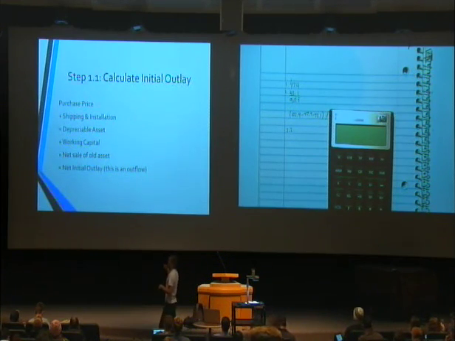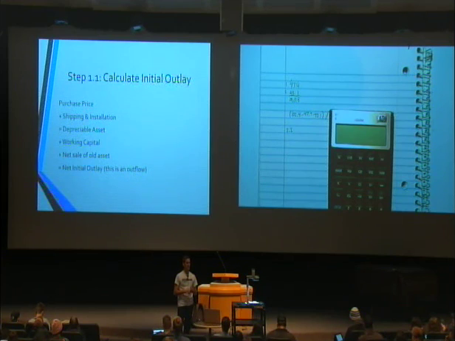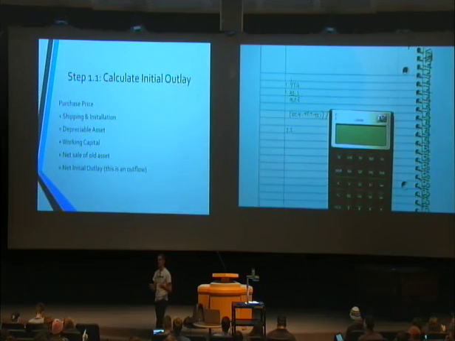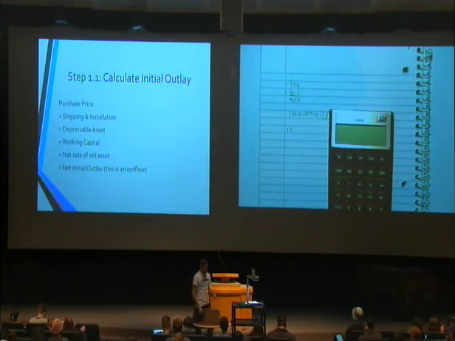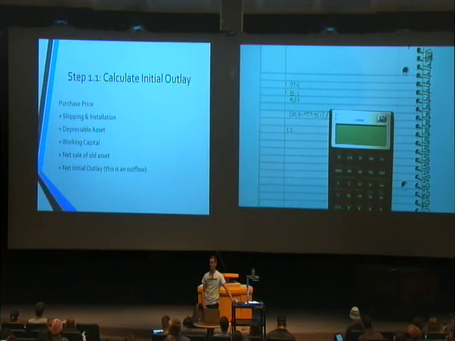Okay? All right, so these are just the equations I quickly put together to calculate initial outlay. Hopefully you're familiar with this. You'll have the purchase price plus any shipping and installation costs. And I think those are typically the costs we stick to in this class for our depreciable asset. Those are the two things that go into the asset that you're going to depreciate on whichever method they give you. Then you'll have working capital or net working capital, depending on what they tell you, and the net sale of an old asset, meaning the sale of the old asset plus or minus any tax liabilities or shields.